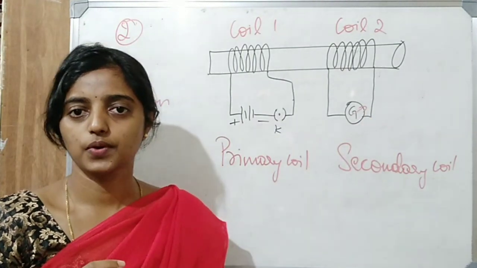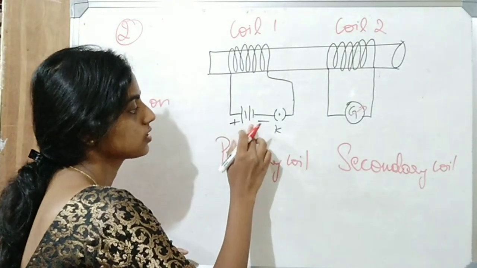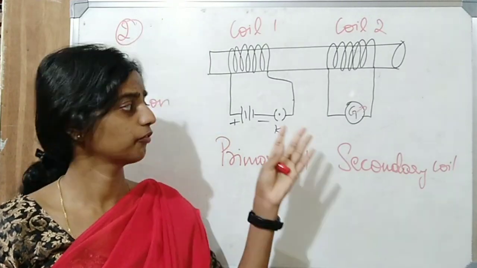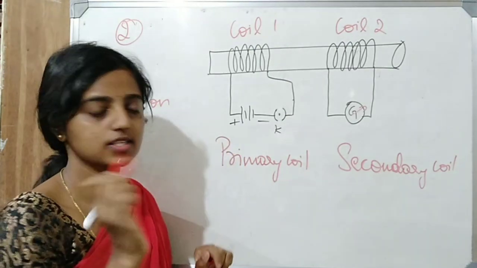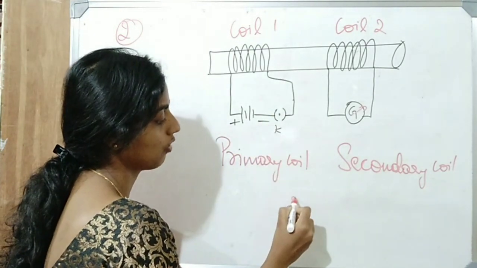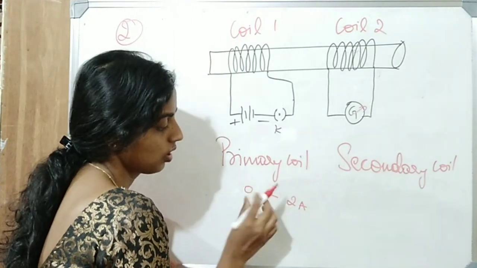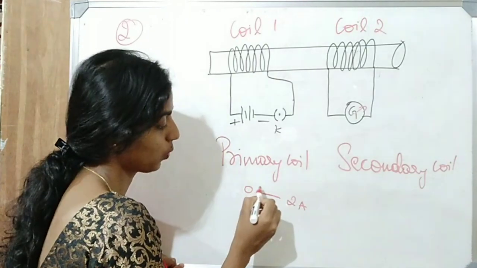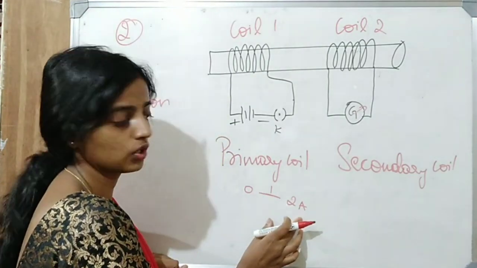For your understanding, I will explain with an example. Suppose the current is flowing, and we have some amount of ampere. Let us take 2 ampere, just for understanding. We have 2 ampere of current here, that means from 0 to 2. When going from 0 to 2, we get so many values, right? 0.1, 0.2, then 1, then 1.2, like that till 2.